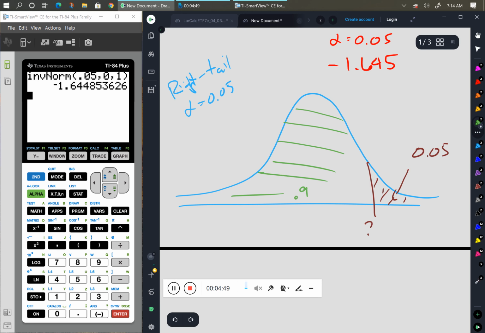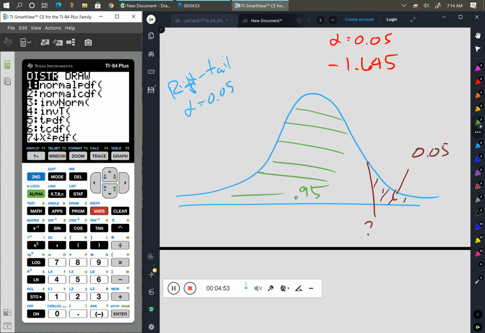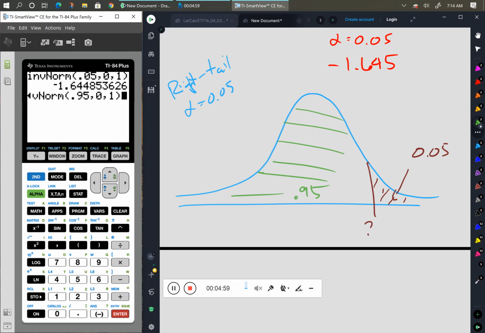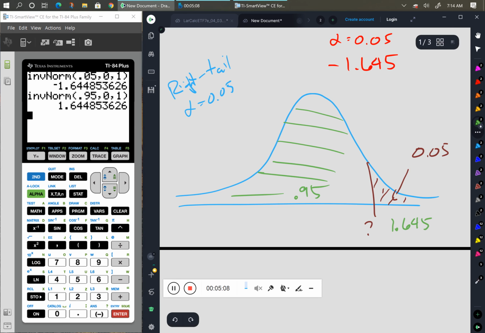Well, that would be 0.95. So then I'm going to go back to my distribution menu. I'm going to go to that inverse normal, and I'm going to say, okay, what's the 0.95 for that? And that means that this would have a z-score, a right tail critical value of 1.645.